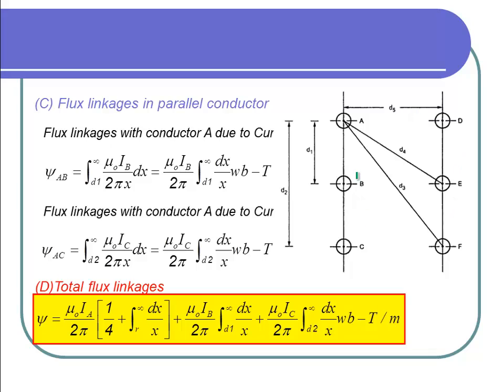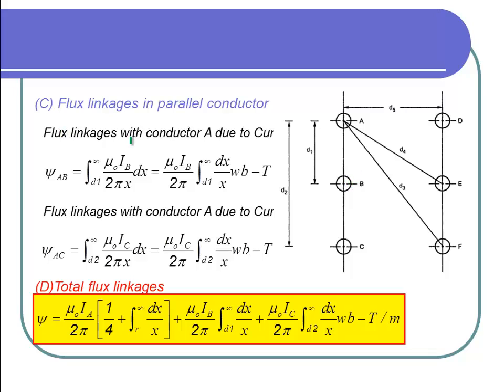Now consider this diagram. Here we have 6 conductors, and the distance between conductor A and B is D1, from A to C is D2, and from A to D is D5, and it goes on like that. Now let us see how to calculate the magnetic flux linkage on conductor A because of the current flowing in conductor B, the IB current.